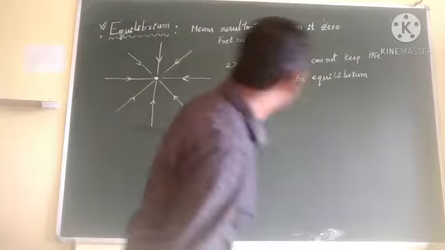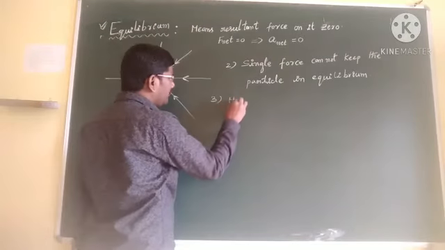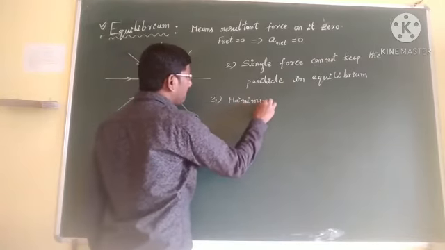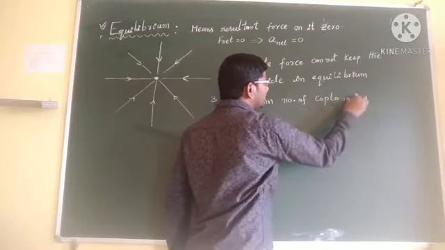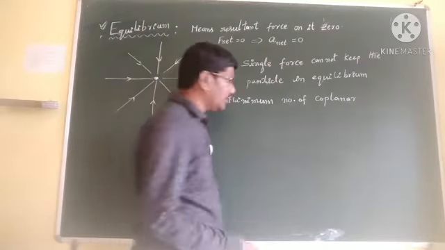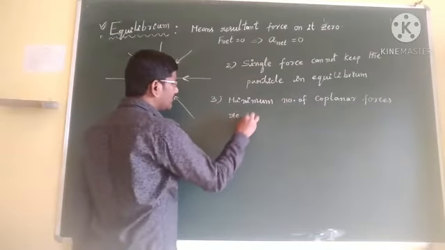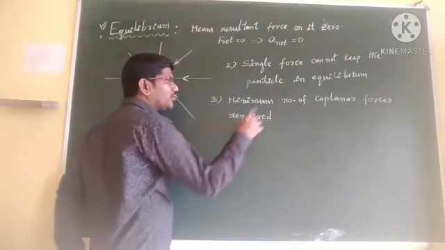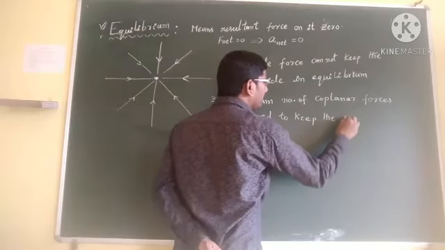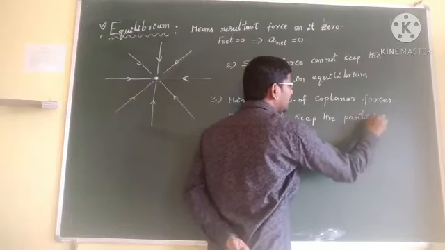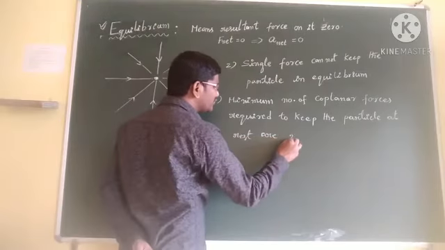And the third point: the minimum number of coplanar forces required to keep the particle at rest is 2.